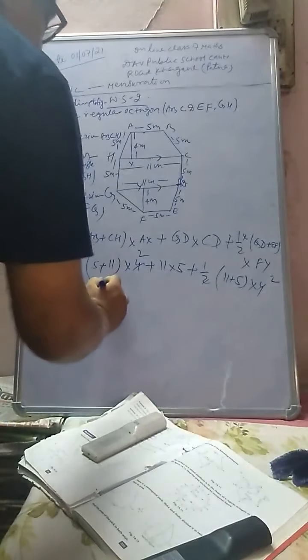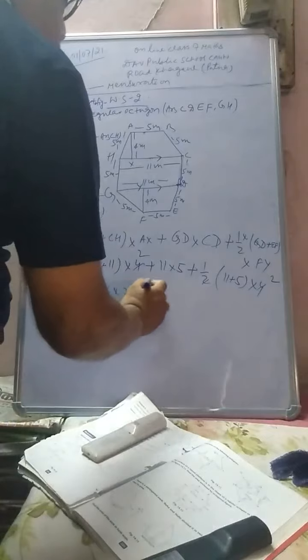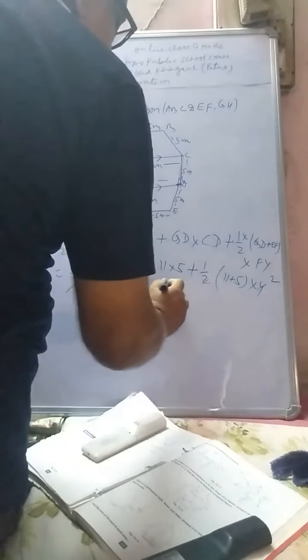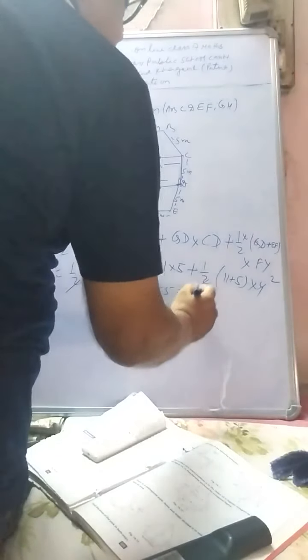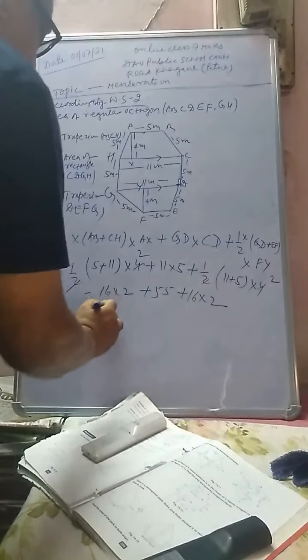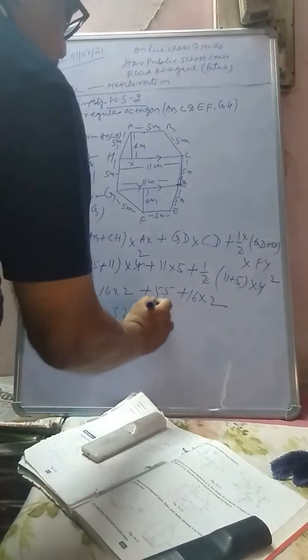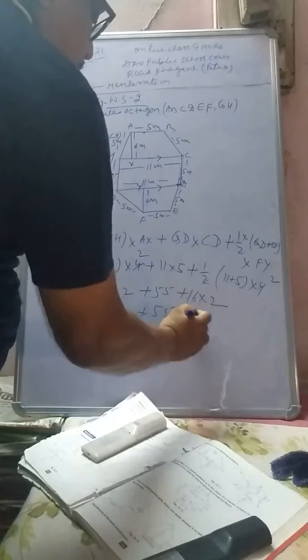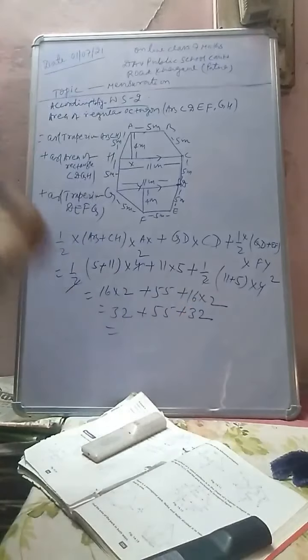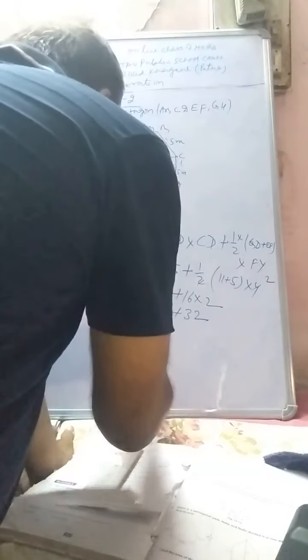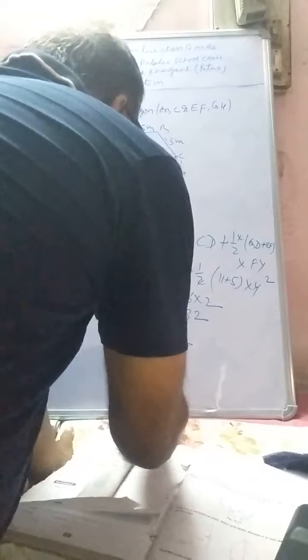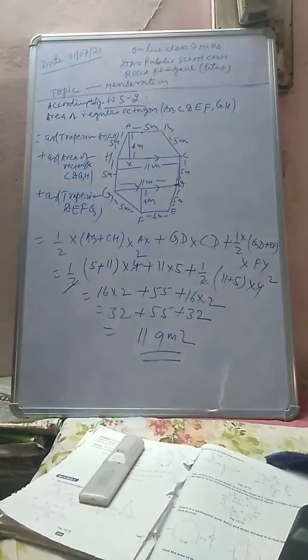This is equal to 16 into 2 plus 55 plus 16 into 2, 32 plus 55 plus 32, this is equal to 119 meter square.